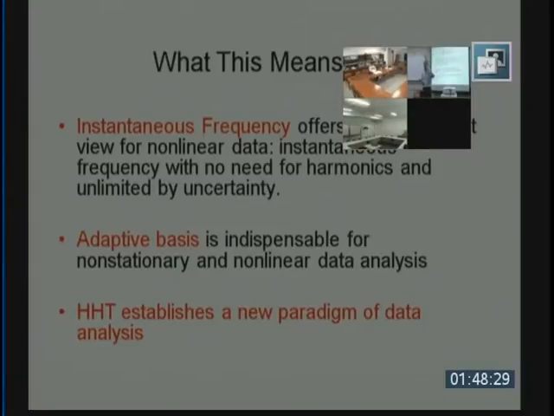I submit the harmonics is actually a mathematical artifact. Why do I say this is an artifact? Because I get one set of harmonics if I use Fourier. I get another set of harmonics if I use wavelet. And depending upon which wavelet you use, you'll get a different kind of harmonics. So the harmonics depend upon the tool you use, not upon the phenomenon.